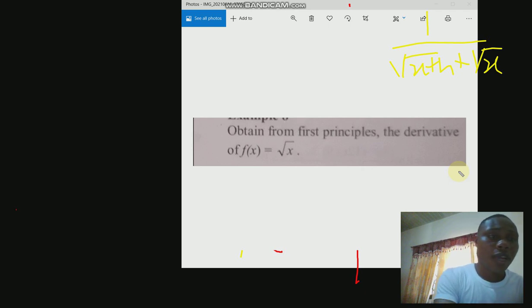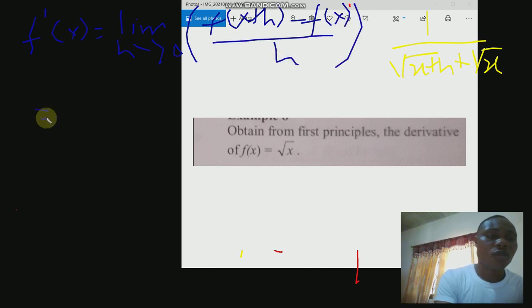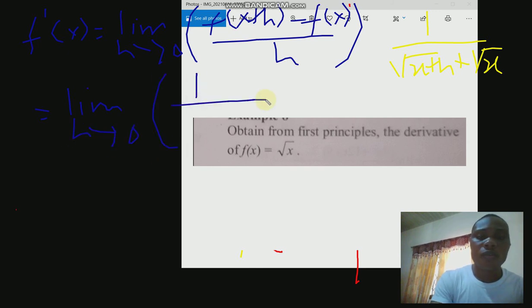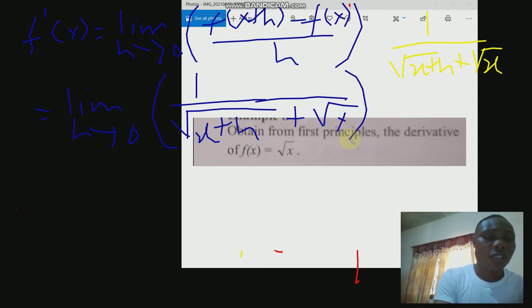So that gives me f prime of x, which is equal to limit as h approaches 0 of f of x plus h minus f of x all over h, which will now be equal to limit as h approaches 0 of 1 over root of x plus h plus root of x.